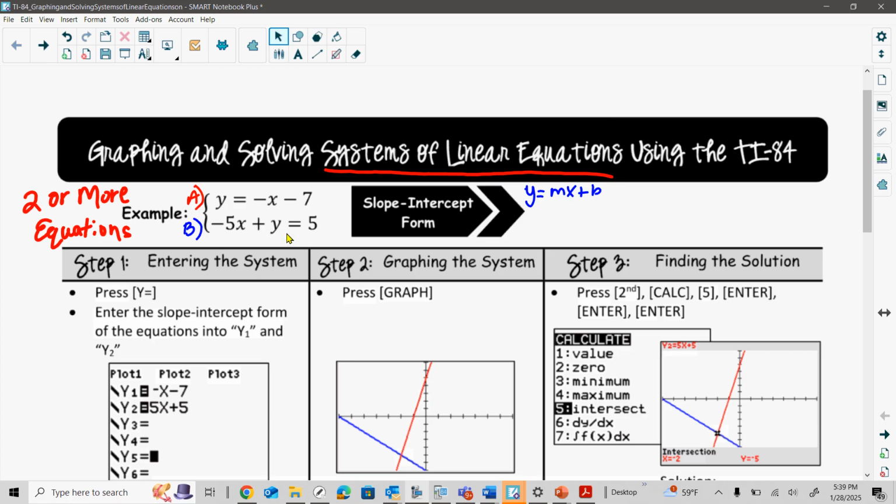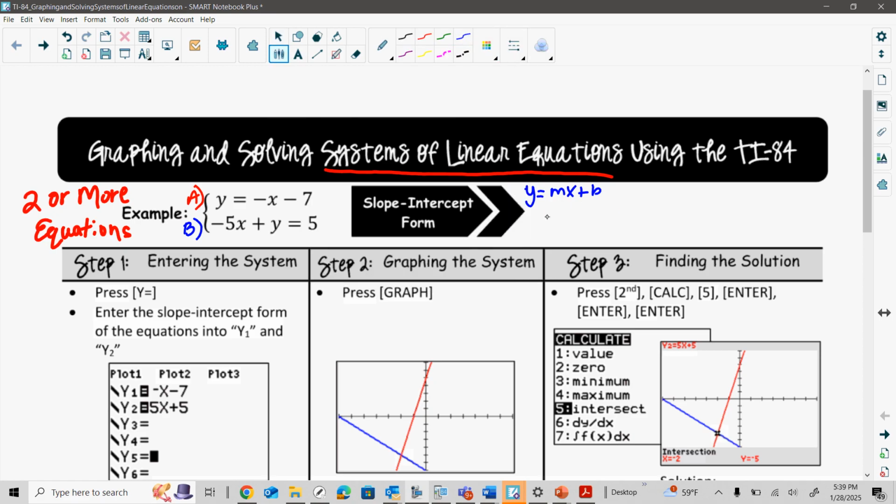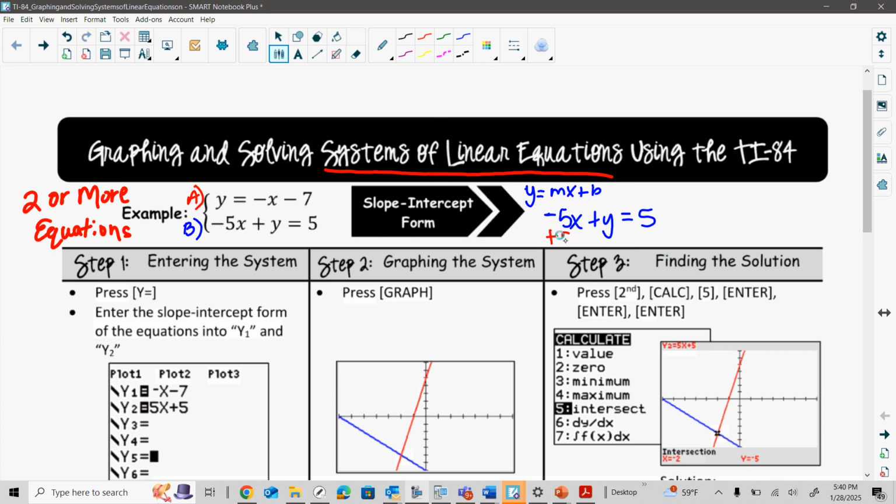So what I'm going to do is put equation B over here and solve it for y. So we had negative 5x plus y equals 5. To solve for y, to get the y term by itself, what's our first step here? Exactly. If you said add 5x to both sides, that's exactly right.